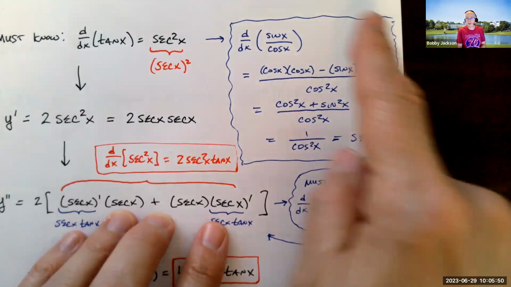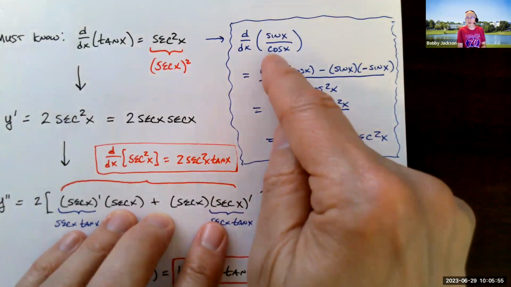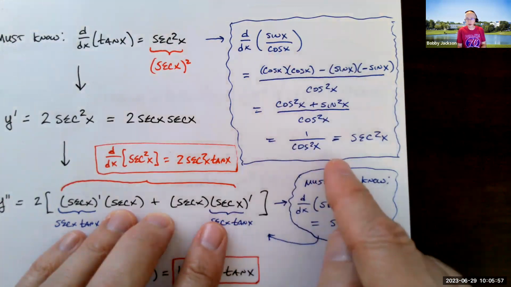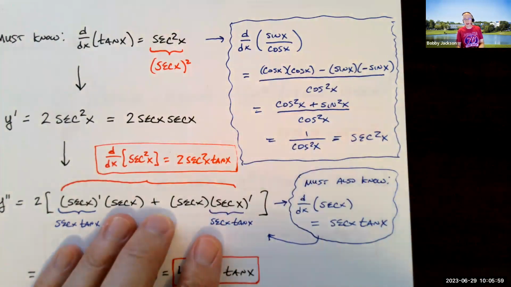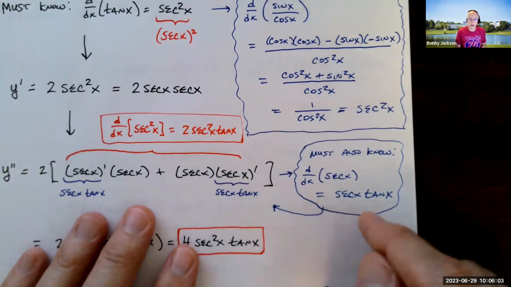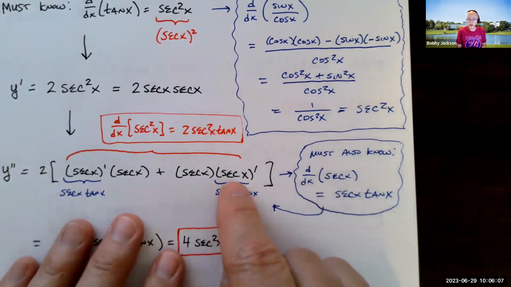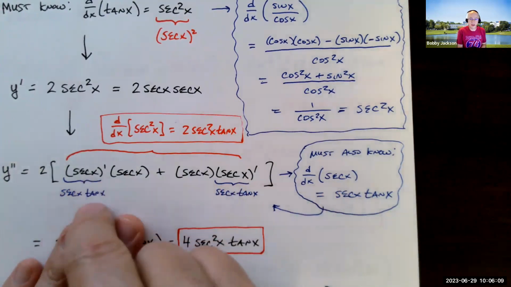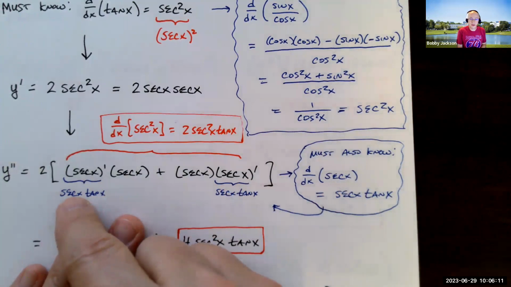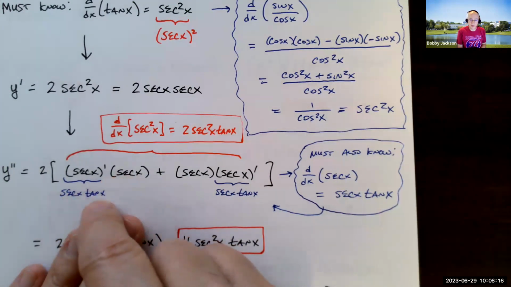And you can derive it similar to the way we did this, rewriting secant x as what? 1 divided by cosine of x. And so you use the quotient rule on that. And then you have to do some simplifying and using the trig identities, the definitions for secant x and tangent x, to get to this. Okay, so the derivative of secant x is secant x times tangent x. So notice I have secant x tangent x times secant x, that's secant squared x times tangent x.